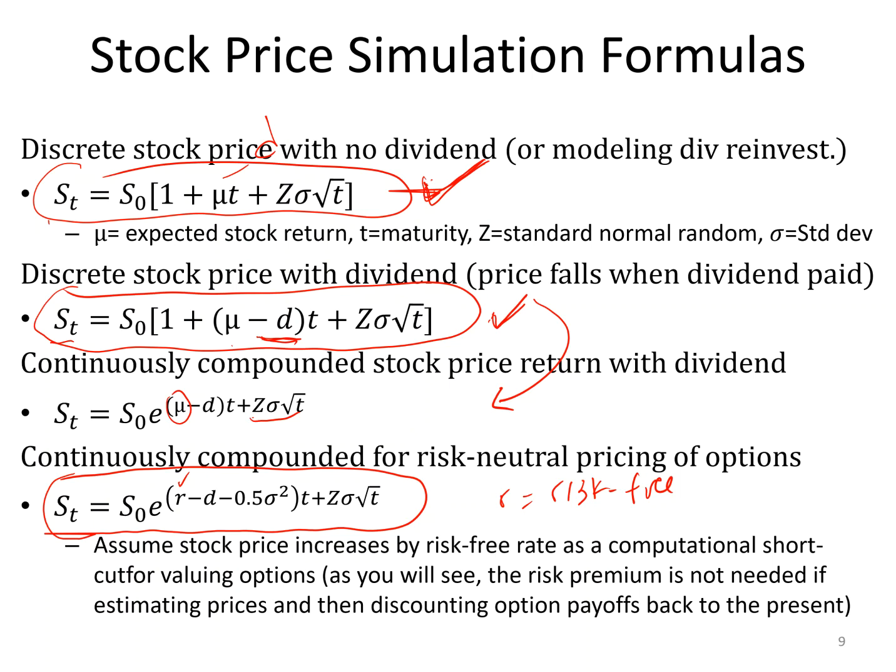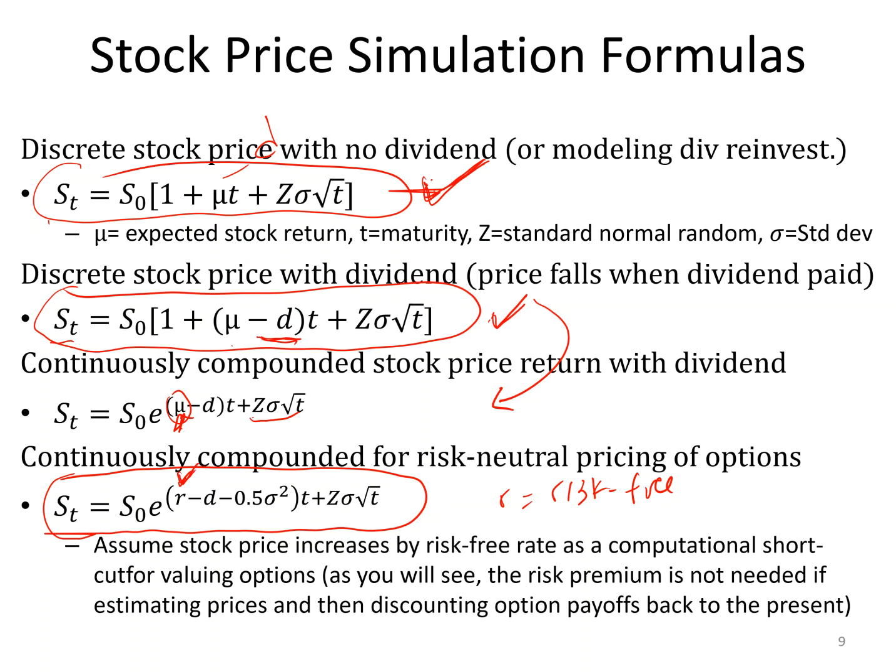If you're assuming stock prices go up by the risk-free rate, we talk about that being risk-neutral pricing of options. The only reason we do that is because it's easier. Why insert another model, say CAPM, to get the expected return when, for the purposes of valuing options, we can assume the risk-free rate, and that risk premium kind of cancels out in my valuation of the option? So that's an important concept here.